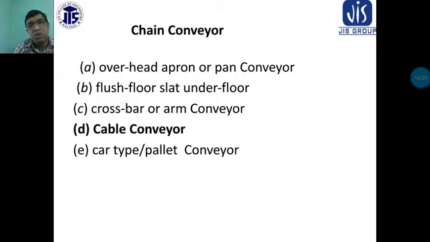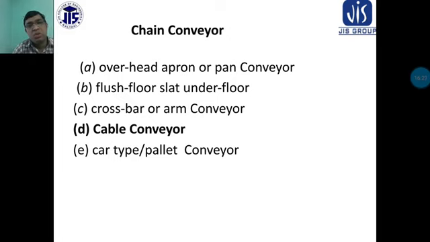When electricity is available, the cable moves easily, and at the other end the person standing there unloads the materials.